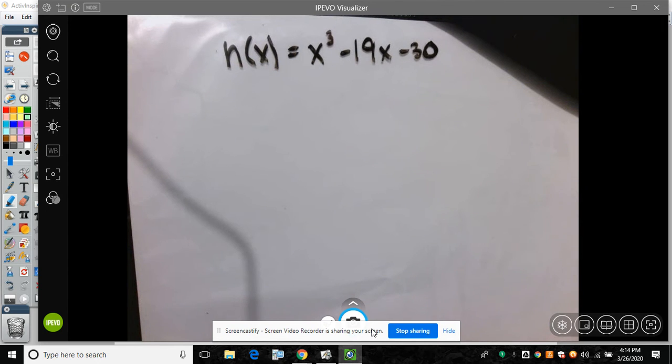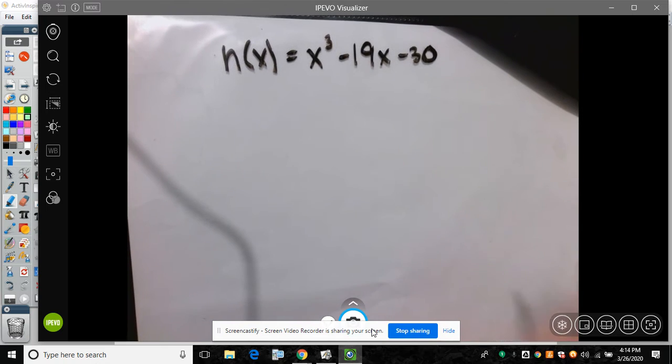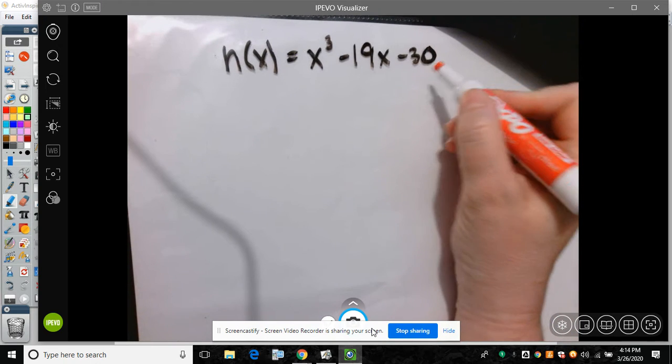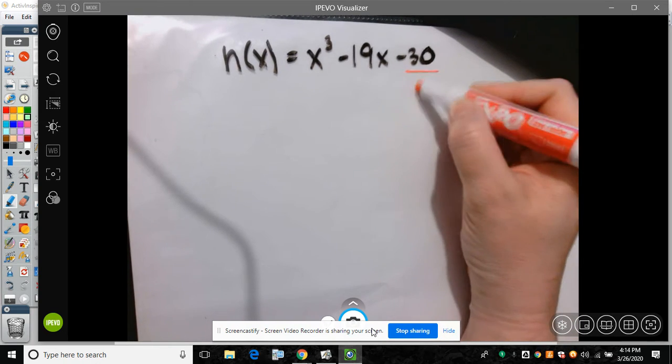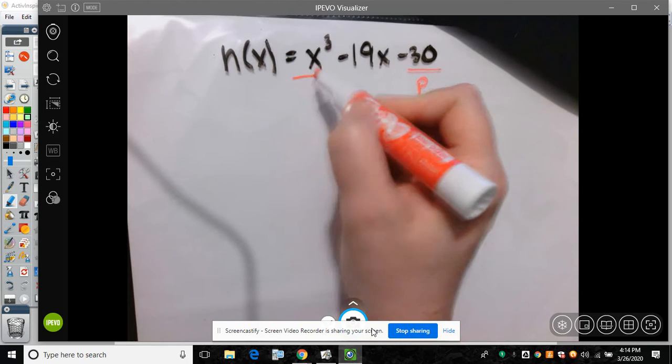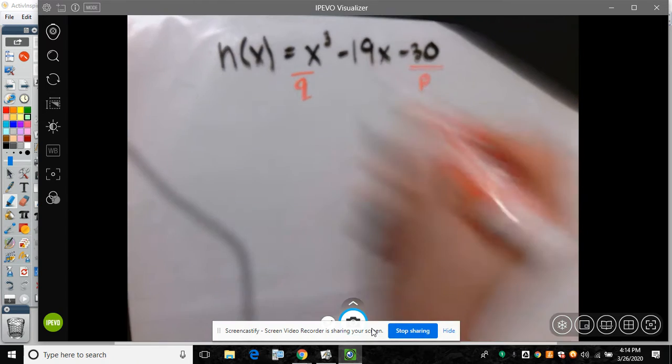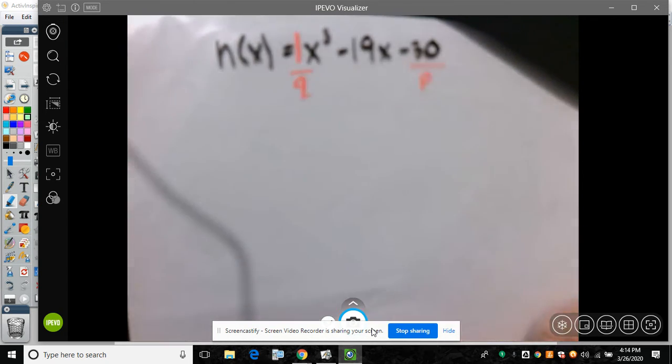So we're going to talk about this one right here. Like I said, the p comes from the constant and q comes from the lead coefficient. When there's not a lead coefficient written there, the lead coefficient is 1.